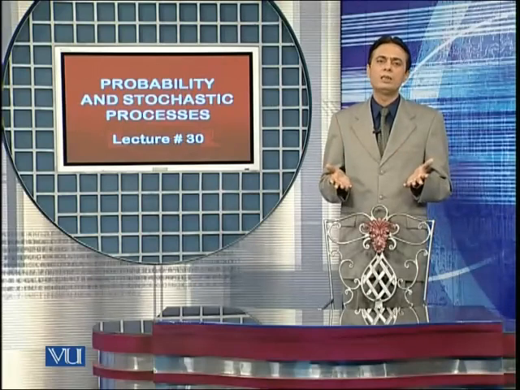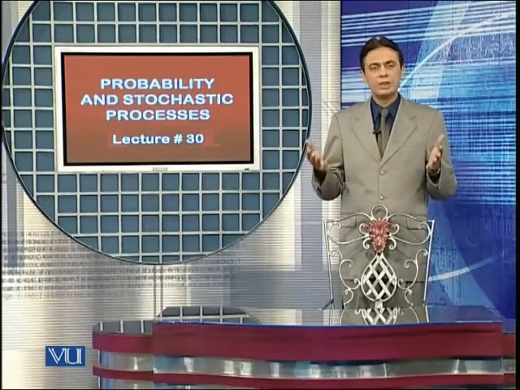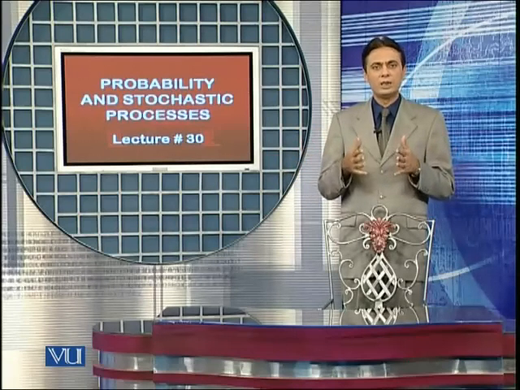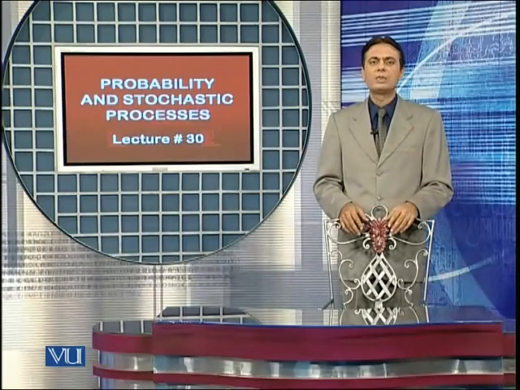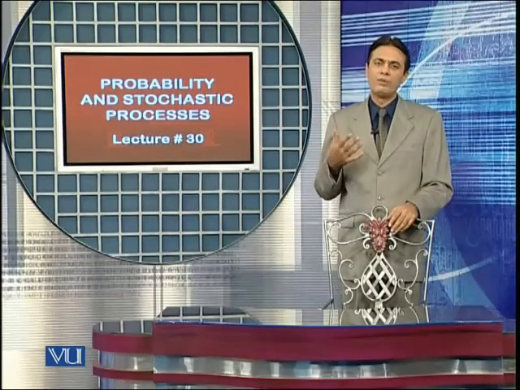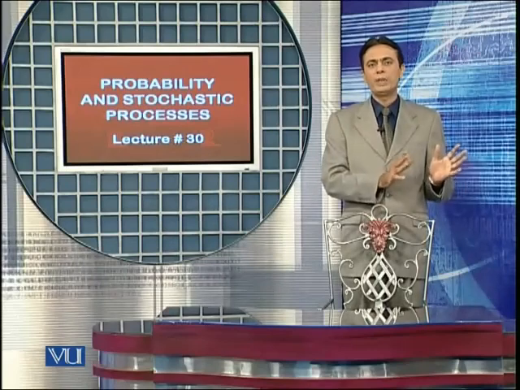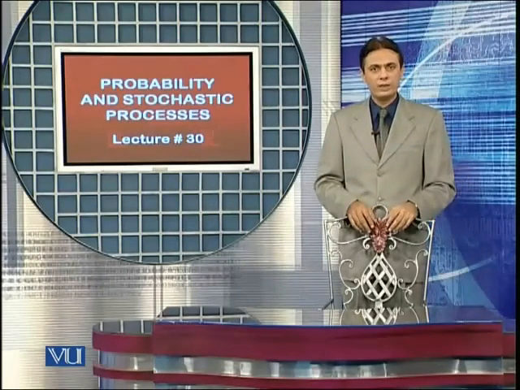But in general, length of vectors of observed values can be more than 2, and you can deal with more than 2 random variables at the same time by forming a vector of random variables or a random vector. So whatever we said about pair of random variables is also applicable to random vectors.